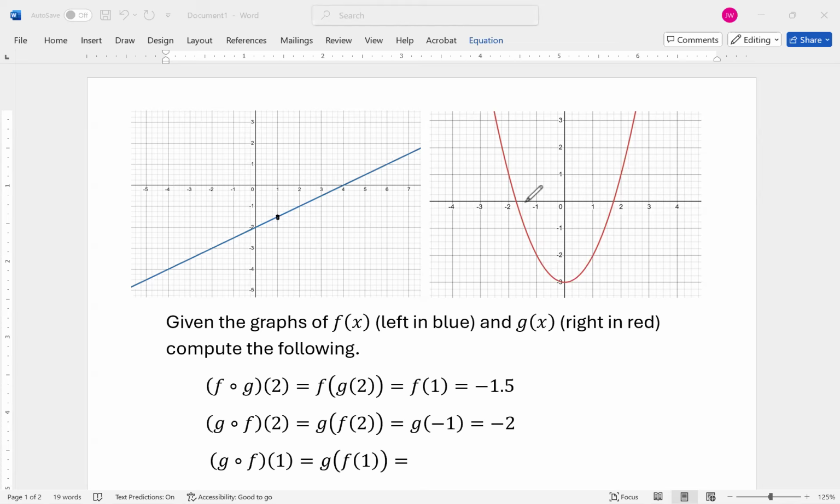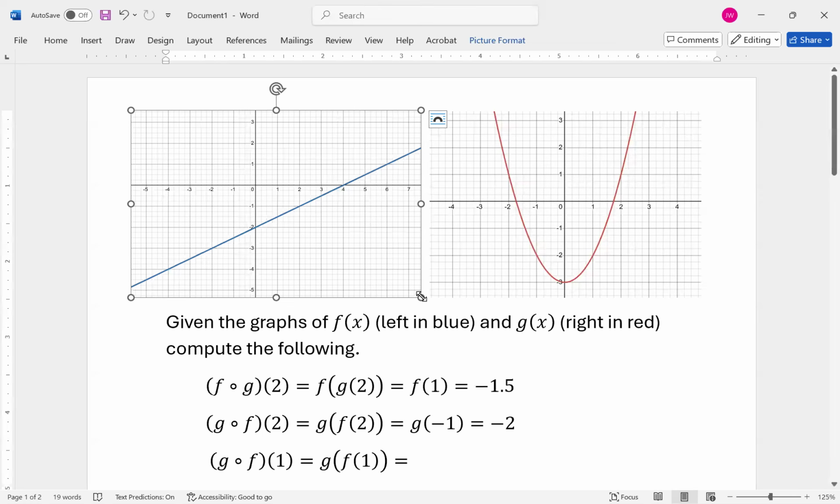And then that becomes the input for g. And it looks like that point is negative 0.75. If you look at where negative 1.5 takes me, it's negative 0.75. Again, you may need to zoom in on these to see accurately.